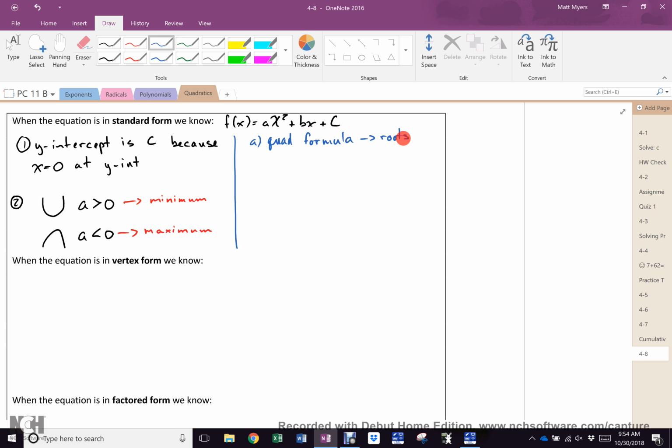Okay. What's another thing we could do to it? I could complete the square. And what will that do for me? Completing the square can get me the vertex form. What else could I do to it?